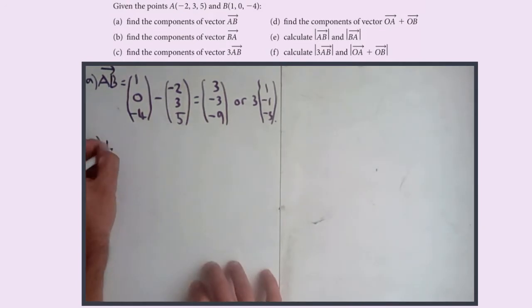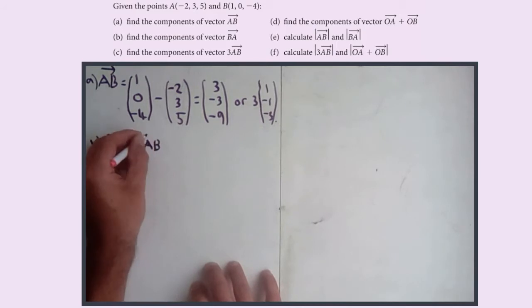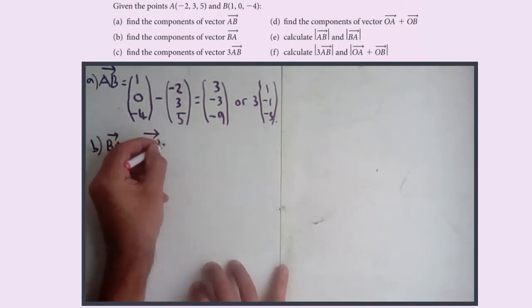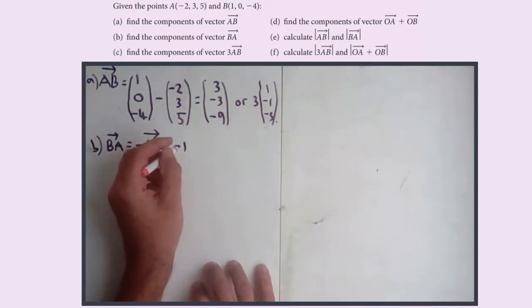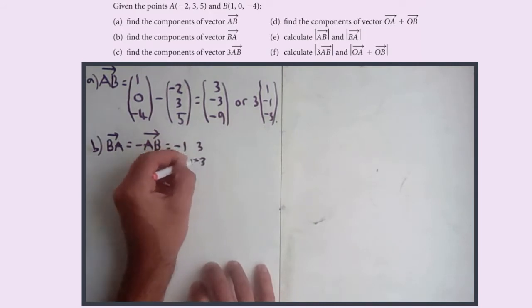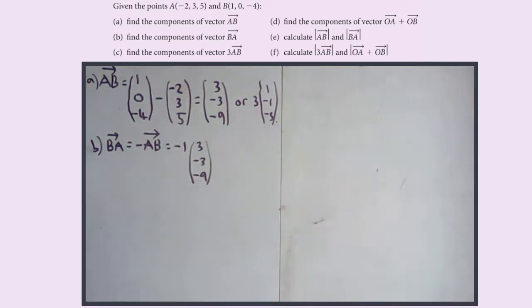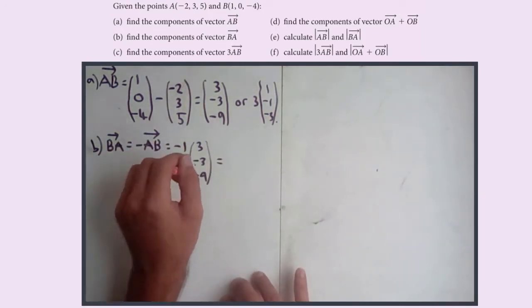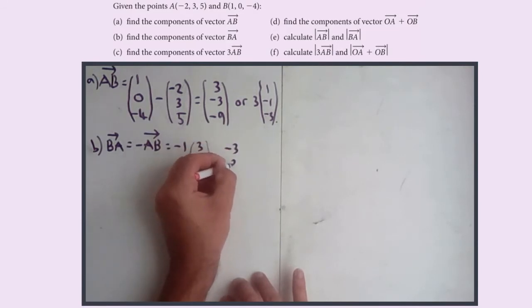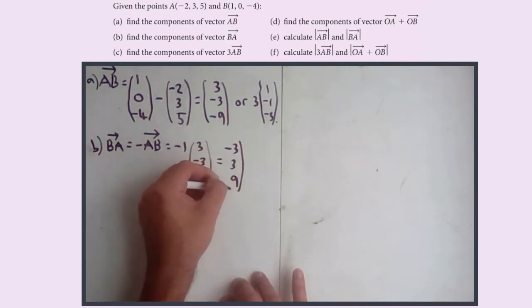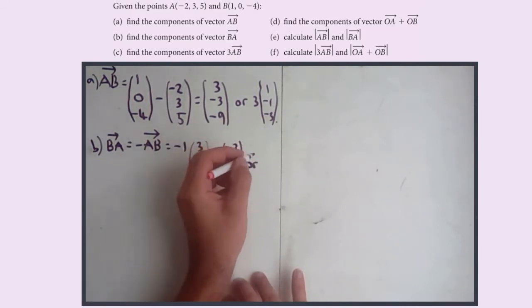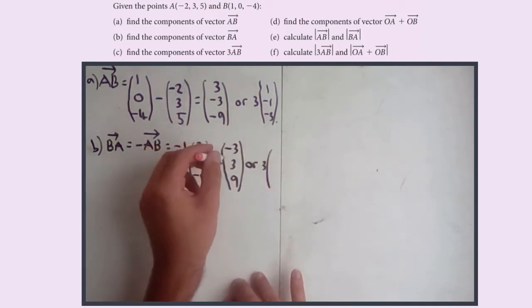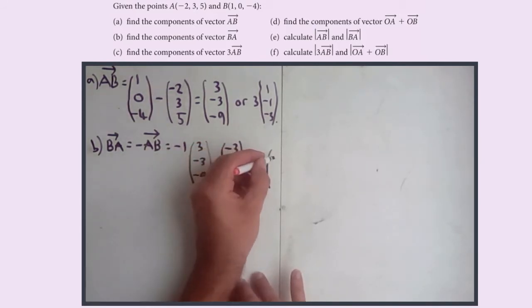So I'm just going to say BA equals minus AB. So if we times all those by -1, you just need to change the sign. So that would be (-3, 3, 9). That is BA, or it's 3 times (-1, 1, 3).